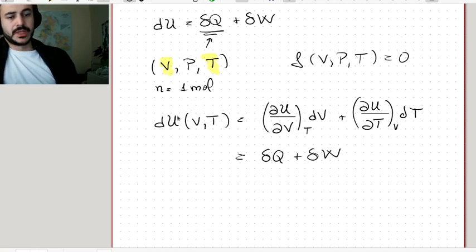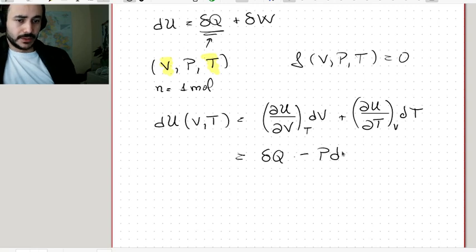So in particular, you can choose to go between these two infinitesimally close states doing a reversible process. If you do a reversible process in an expansive system, we know what the reversible expansive work is. This is going to be nothing but minus p dV.